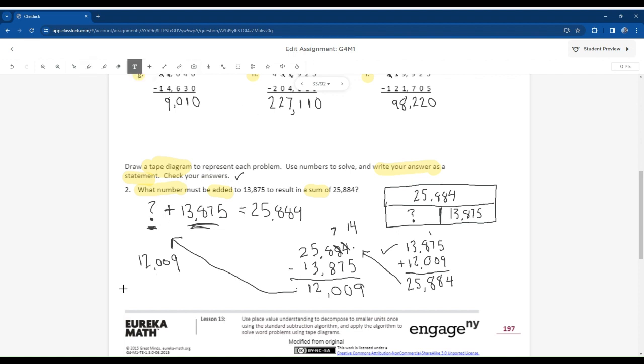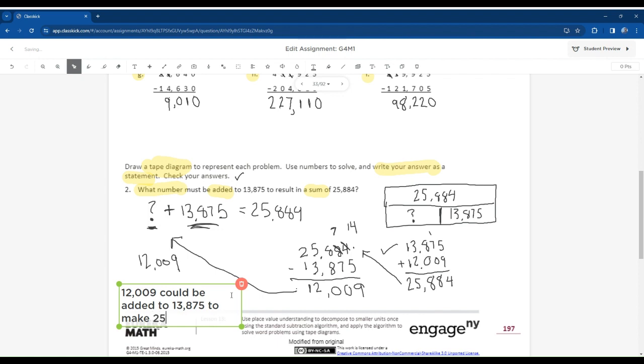So just to put this in a sentence for us real quick, we could say 12,009 could be added to 13,875 to make 25,884.